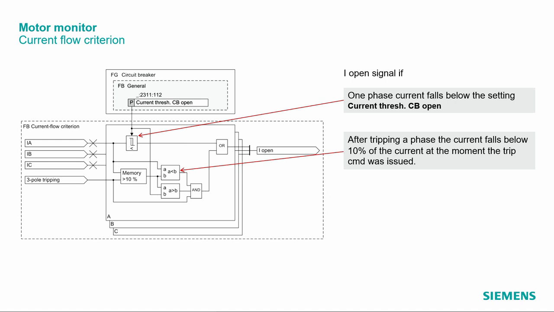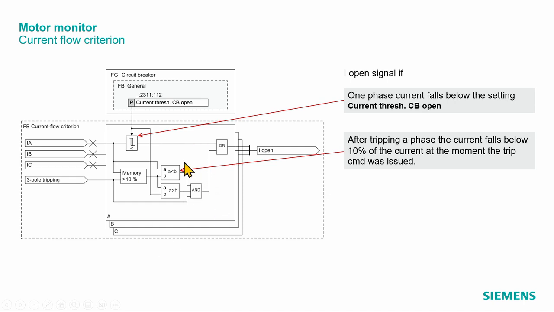And then we have an add-on to that function. When you switch off a fault, you could still have a current on the secondary side of the current transformer which decreases a little bit slower. In order to speed up the breaker open detection, we have a second criterion, which is a relative criterion.